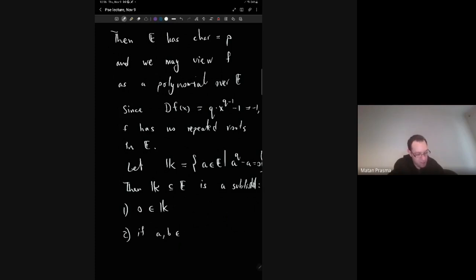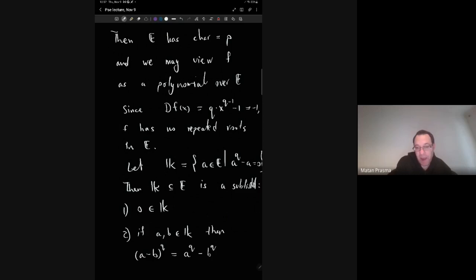If a, b are elements in K, then I can use this, remember this freshman exponentiation? In any characteristic p field, (a minus b) to the p is a to the p minus b to the p. Remember this?